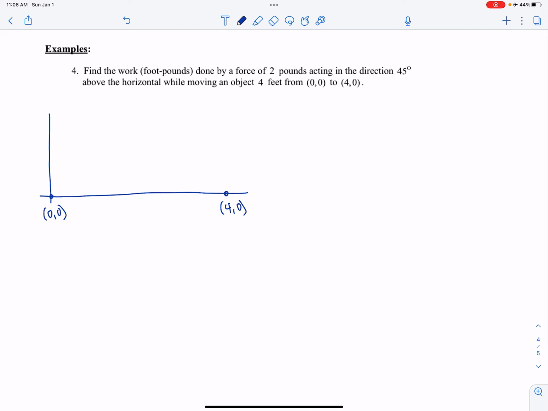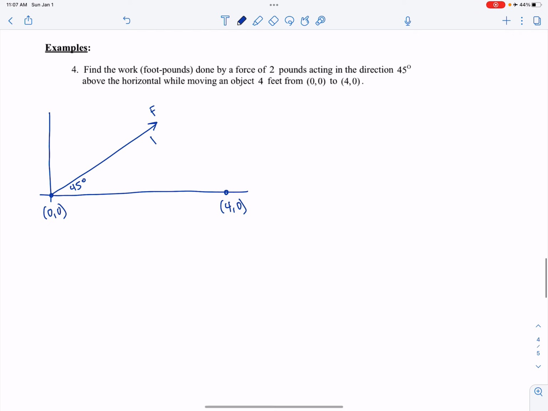We have a 45-degree angle, and the force acting on it, this is F. So the magnitude of that F is 2 pounds.